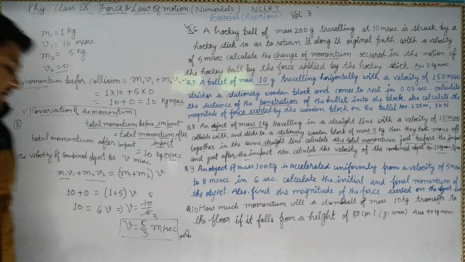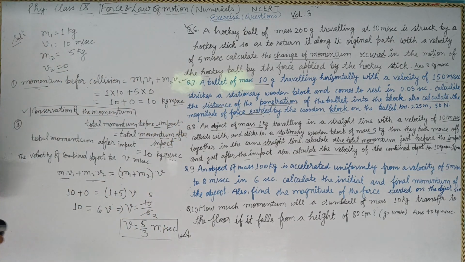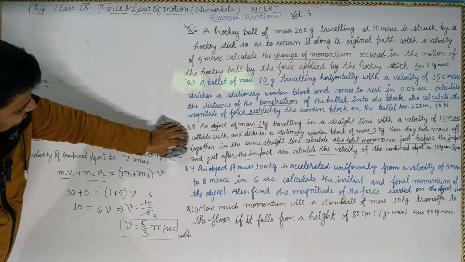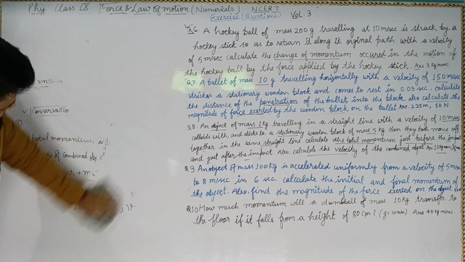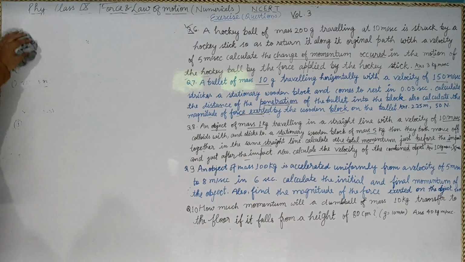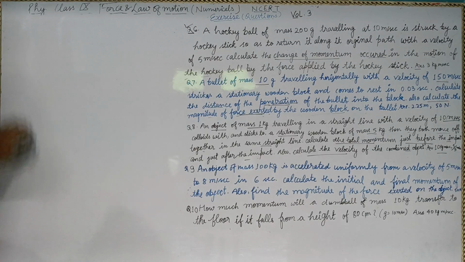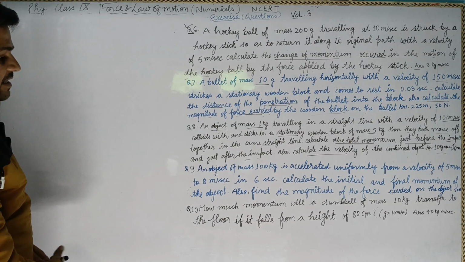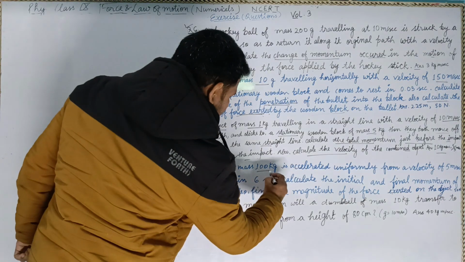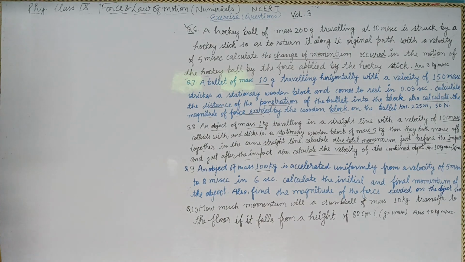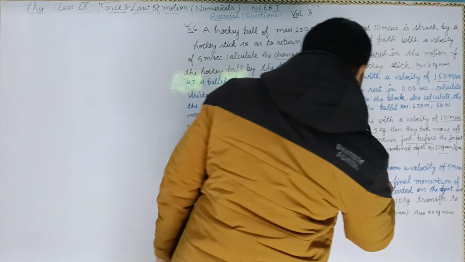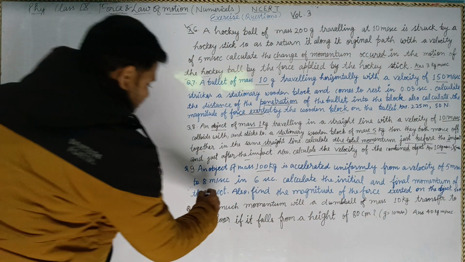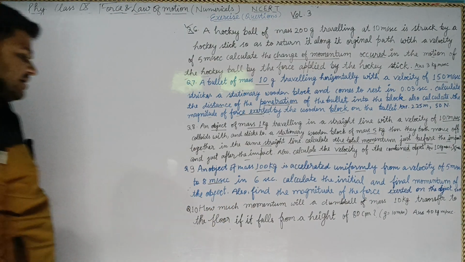Another, question number 9, we are going to solve. Question number 9 is saying that an object of mass 100 kg is accelerated uniformly from a velocity of 5 meters per second to 8 meters per second in 6 seconds.